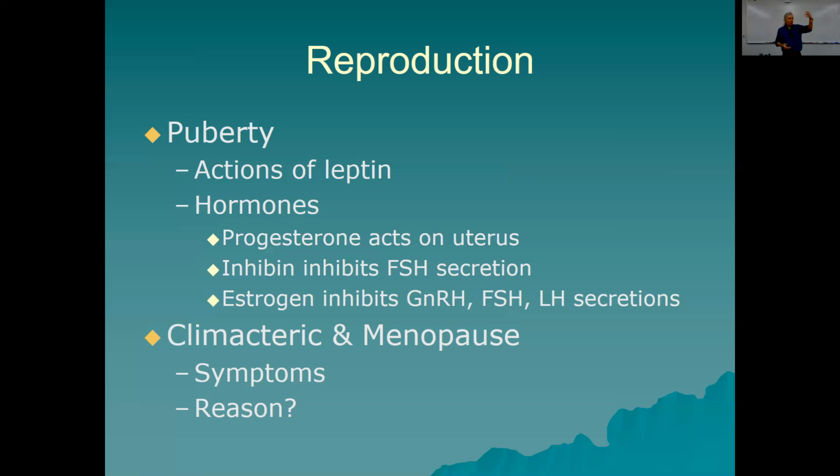But remember, 50, 100,000 years ago, what was our life expectancy? 40, 45, if we're good. So actually, most women would never even experience menopause because they died before experiencing it. Now our lifespan is that much longer. Anyway, whatever the reason, it exists.